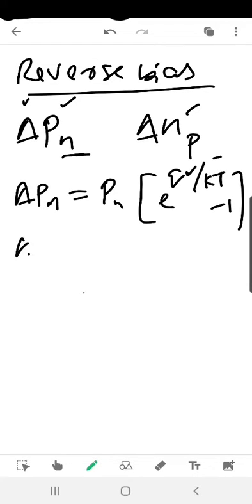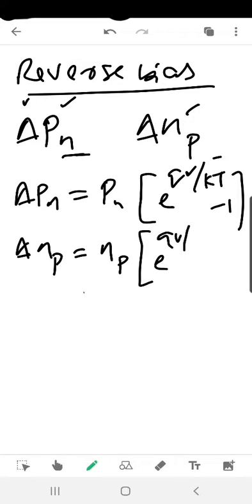Similarly, delta Np is given as Np multiplied by e raised to the power qV divided by kT, minus 1. Here q is our charge, V is our bias voltage, and Pn and Np are our concentrations of holes and electrons, and delta is the change in concentration.